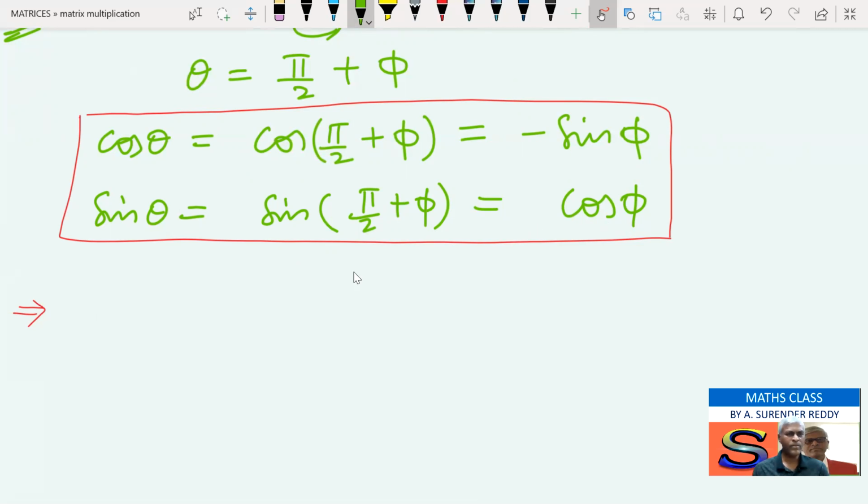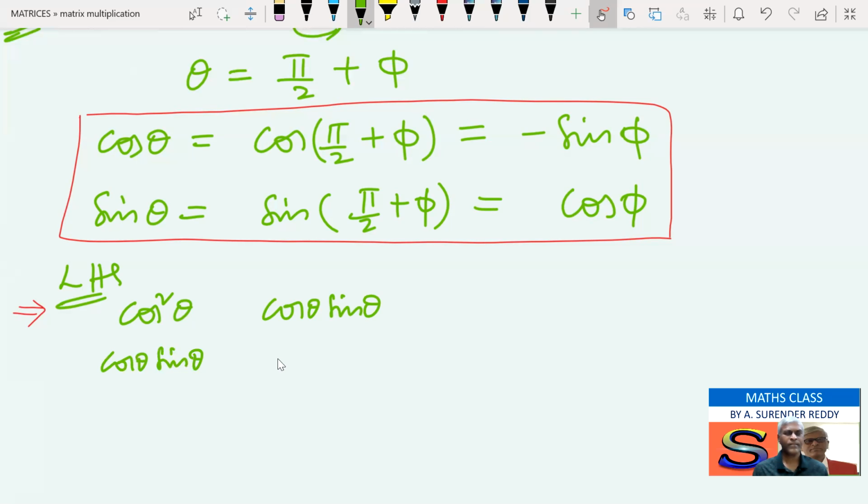Now the given LHS, I am writing the left hand side. What is the left hand side? Cos square theta, cos theta sin theta, and cos theta sin theta, sin square theta.